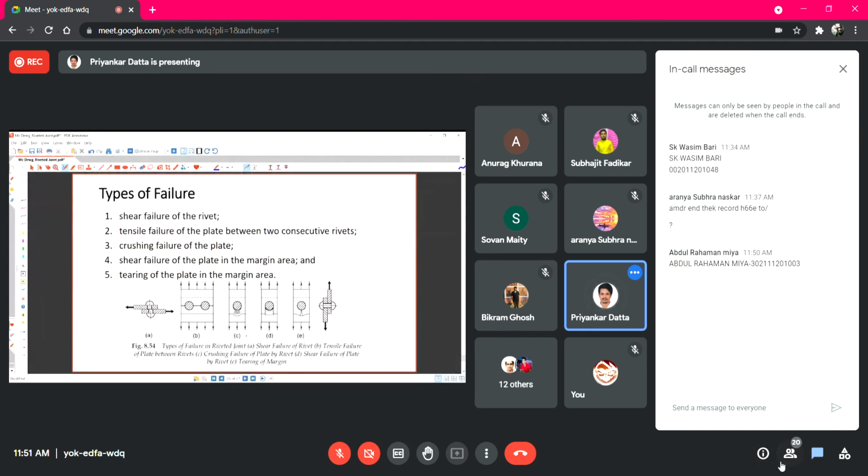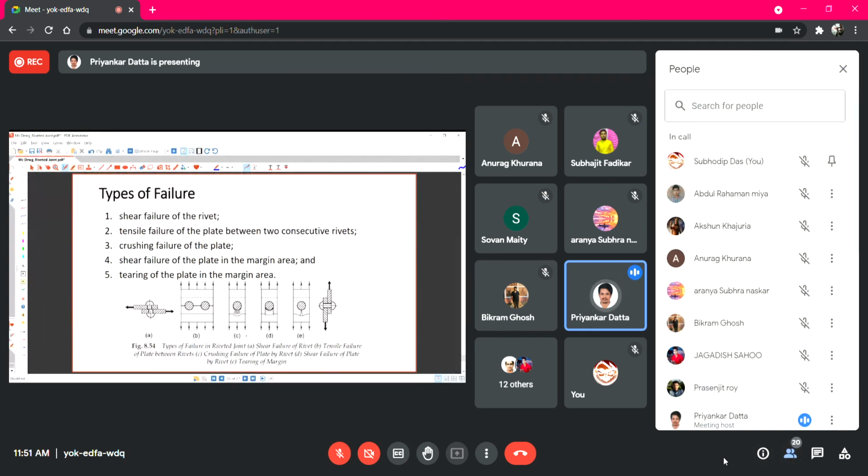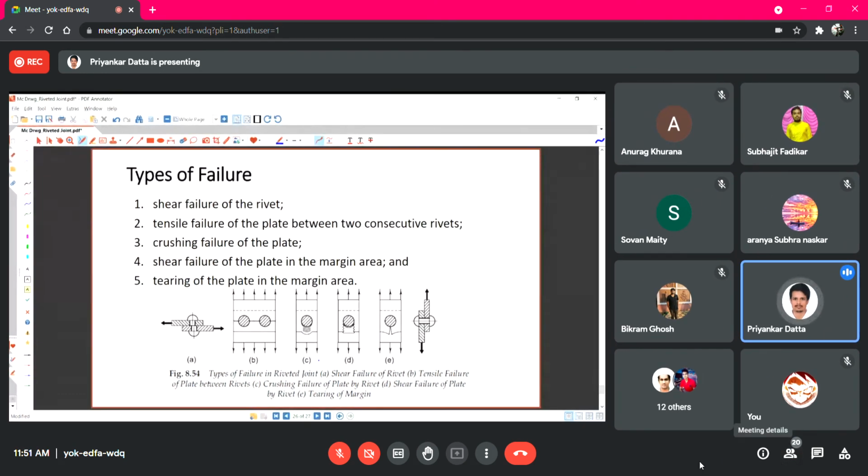Now, failure, I'll not go into much detail because it will be discussed in your design classes. But introductorily, you can understand the primary failure is due to shear. Mostly in a lap joint, one plate tries to move over the other, so shearing occurs at the interface of two plates, and the rivet tries to shear off at that location.